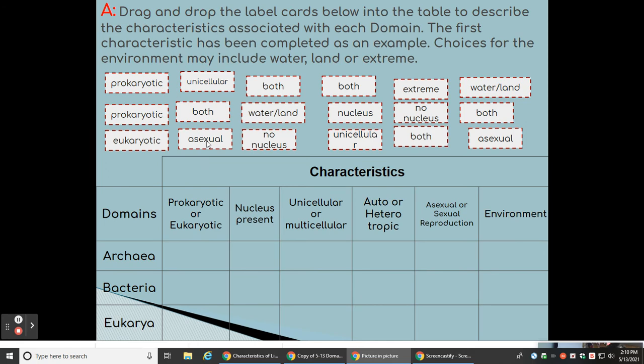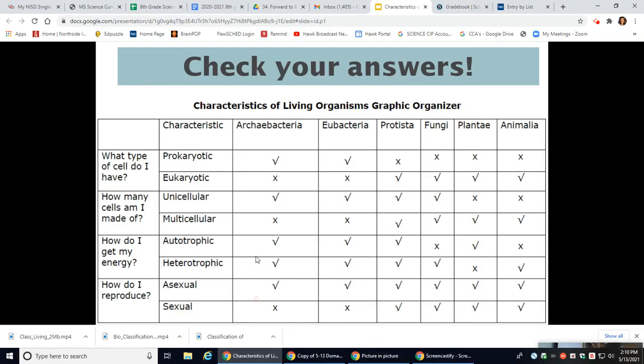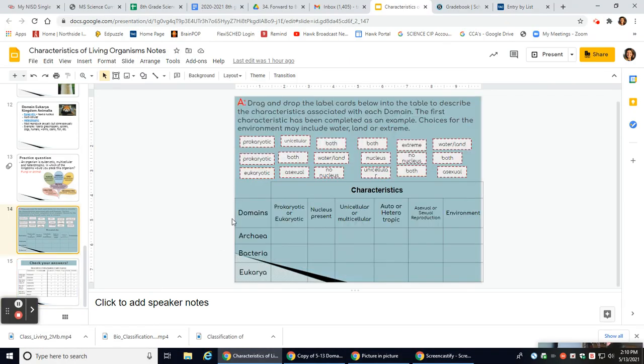Here you have a drag and drop to label your domains. So I can do that with you. So let me exit out. And so these are your three domains, and we're going to look at their characteristics. Archaeobacteria, or Archaea, domain Archaea, this is where you have the prokaryotic cell. They lack a nucleus.